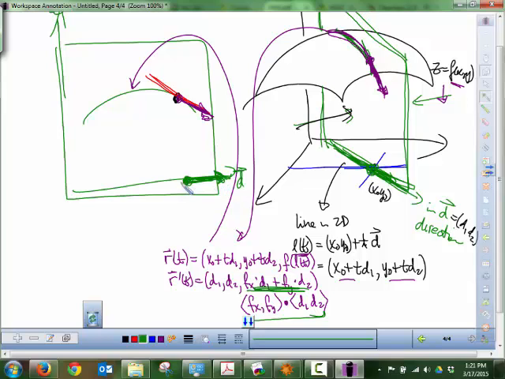So if we call this the d-axis, that little length over here could be the length of d, square root of d1 squared plus d2 squared. And then we can have our little business of rise over run. So the run is the square root of d1 squared plus d2 squared, and the rise then would become this thing, fx d1 plus fy d2.